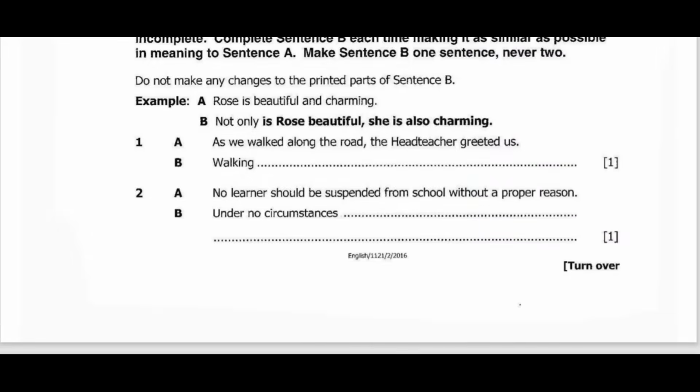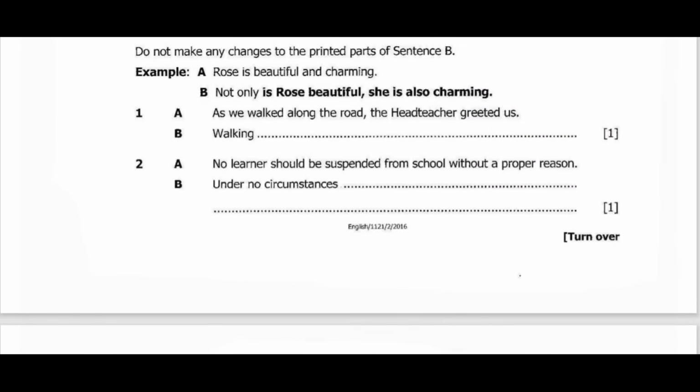So now the transformation depends on the ability of an individual. How good are you at transforming a given sentence into another sentence without changing the meaning, or by making sure that we keep the meaning as close or the same. Now, let's look at the first one. As we walked along the road, the head teacher greeted us.